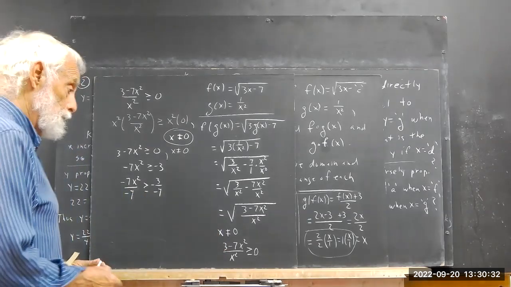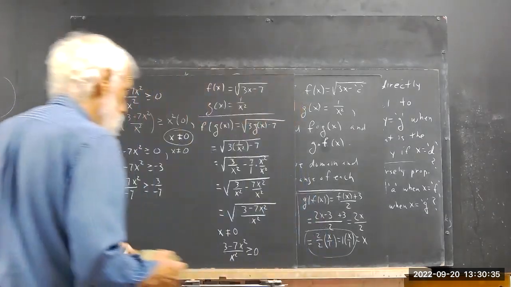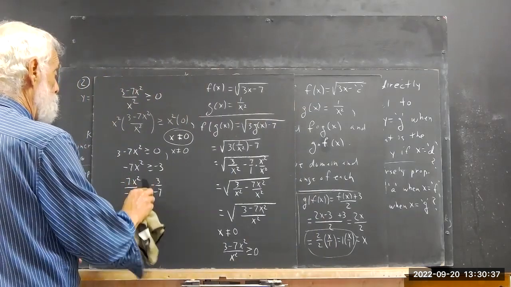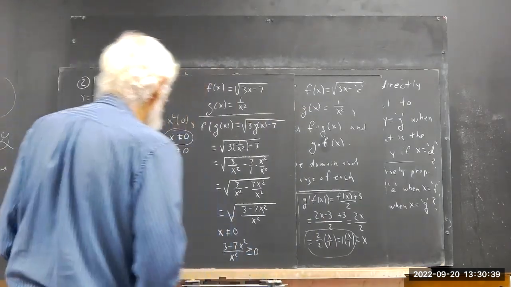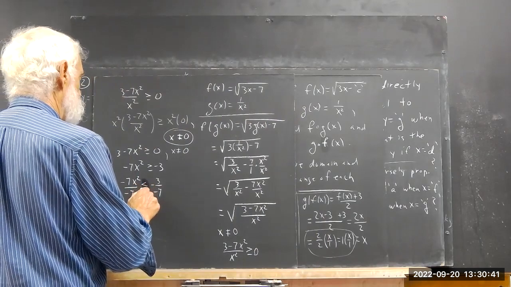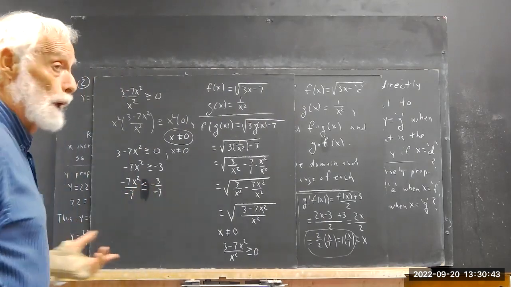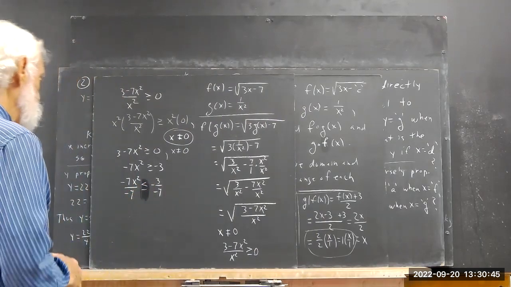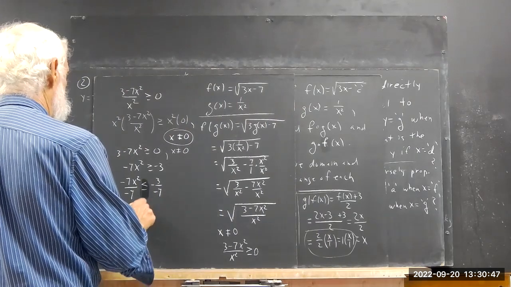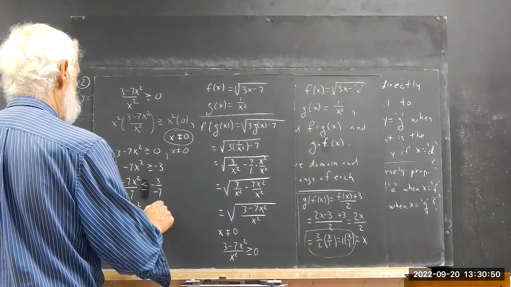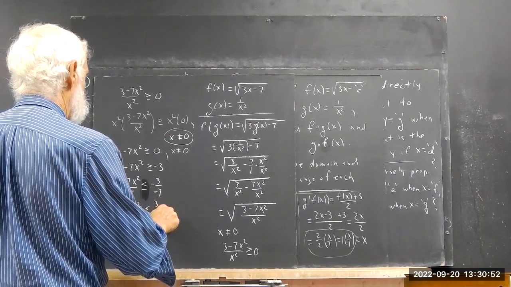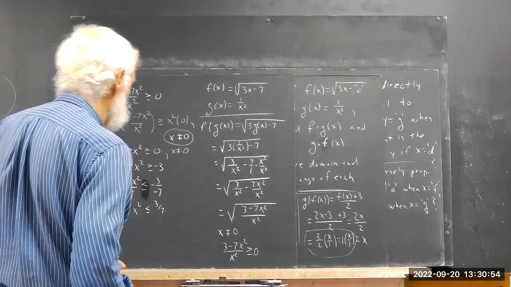So what's wrong is this should now be less than or equal. Now, when we talk about inequalities in more detail, we'll see why that is. But now we get x squared less than or equal to 3/7.